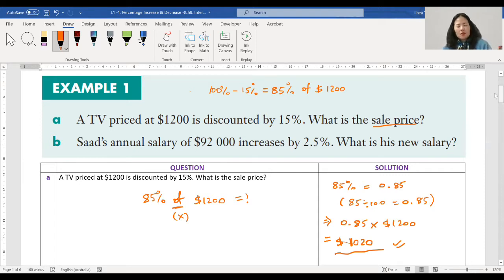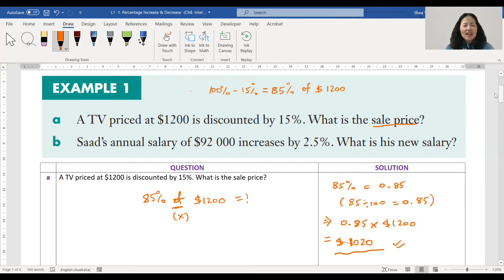All right, let me ask you a question. If this was not discounted, and the price had gone up, the owner wants to increase the price by 15%. What do we do if I want to do it in one step? Isabella, if it's increased by 15%, what will my percentage be now?